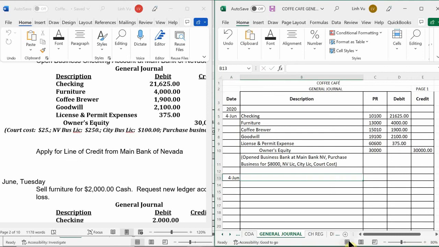So, what did we say we were going to do with the cash? We were going to deposit it into our checking account, right? How much money did we receive? $2,000. Now, my loss on disposal of assets is an expense account. Did I increase the loss or decrease the loss?